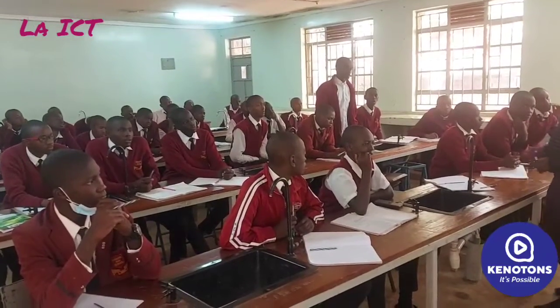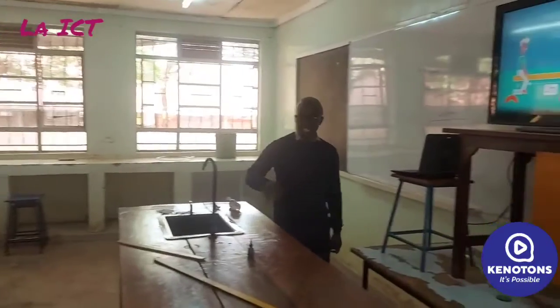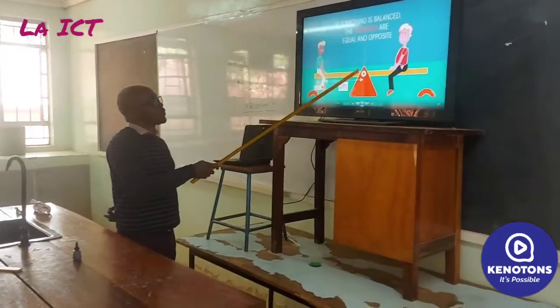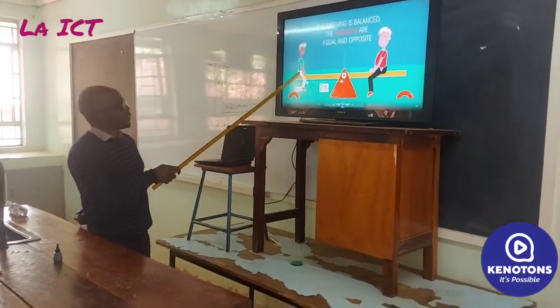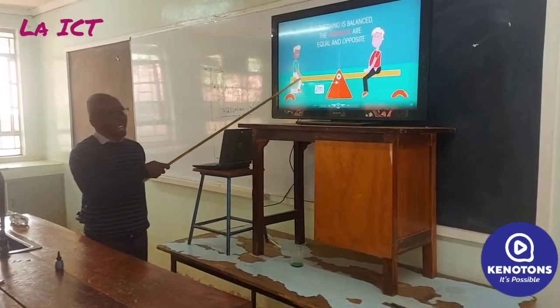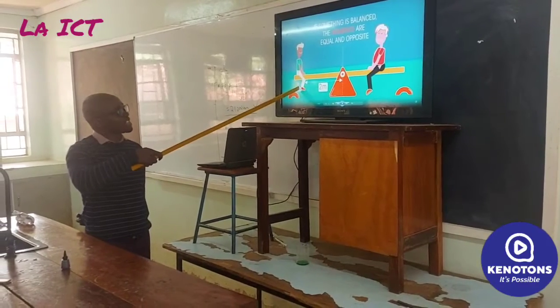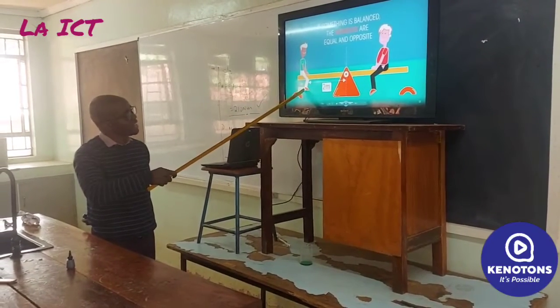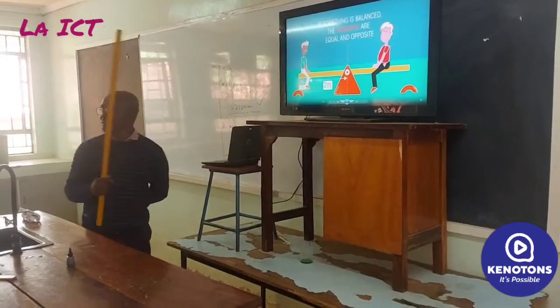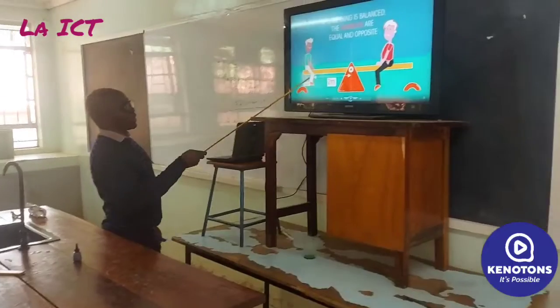Force times the distance from the point of support. So this is our point of support, and the force is 500 Newton, and it is perpendicular. So the moment of force acting this side will be 500 Newton times 2 meters. We get 1,000. So that's the moment of force this side.